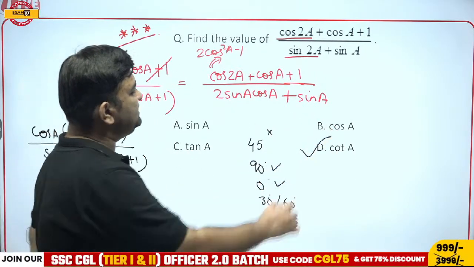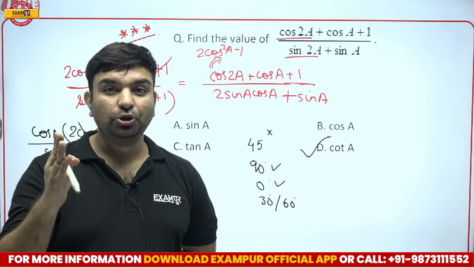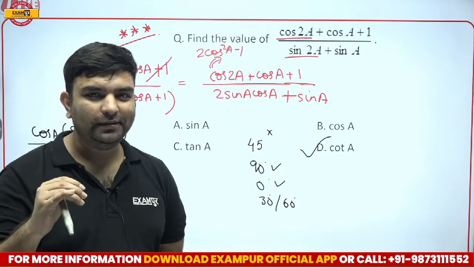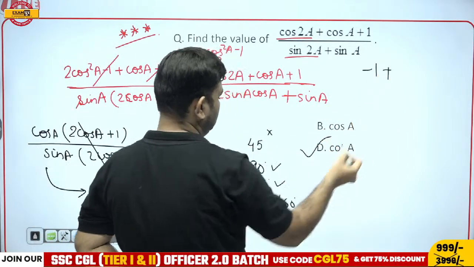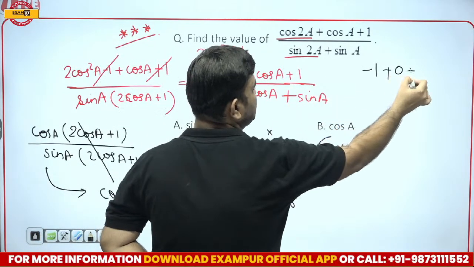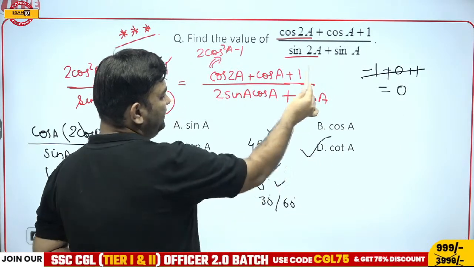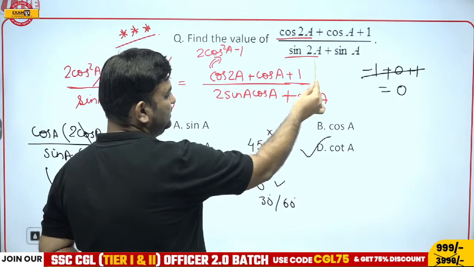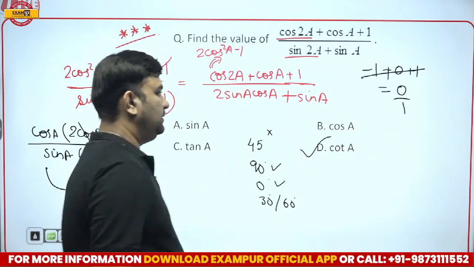If you try for 90, cos 180: cos 0 is 1, cos 180 is minus 1. Cos 90 is 0, plus 1, so 0 is coming. Sin 180 is 0 and this is 1, so 0 upon 1.